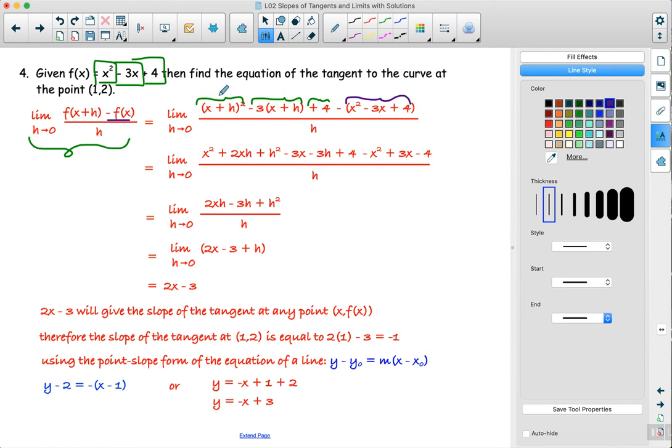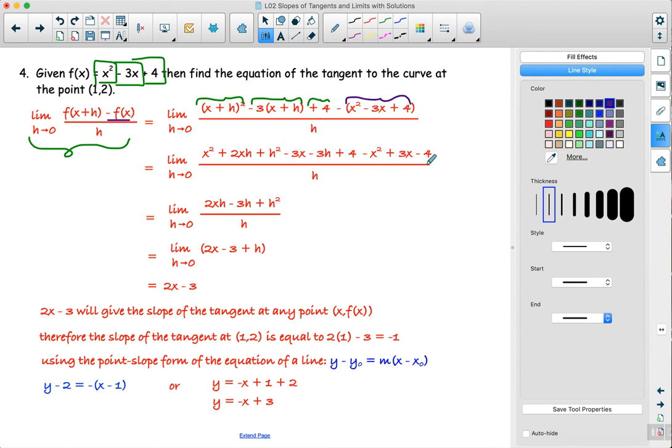I'm going to expand this now. This is going to become x squared plus 2xh plus h squared. Distribute here, minus 3x minus 3h. There's the plus 4. I'll distribute here, negative x squared. Negative times a negative becomes plus 3x.